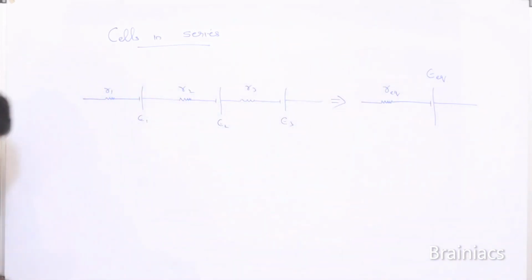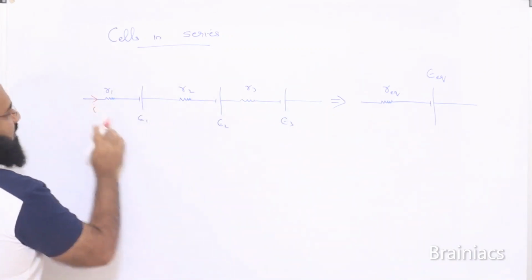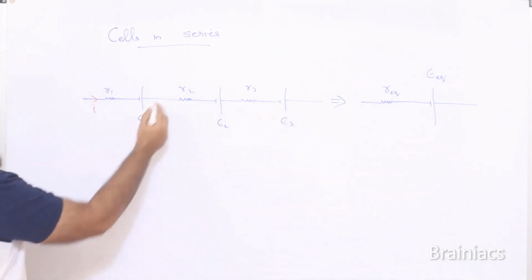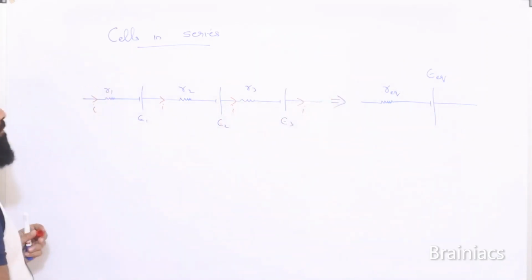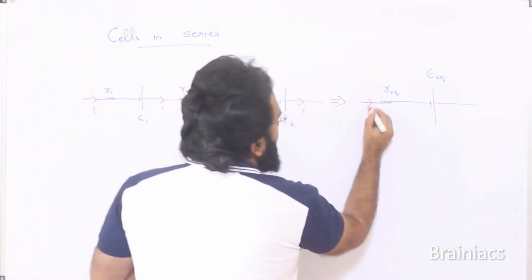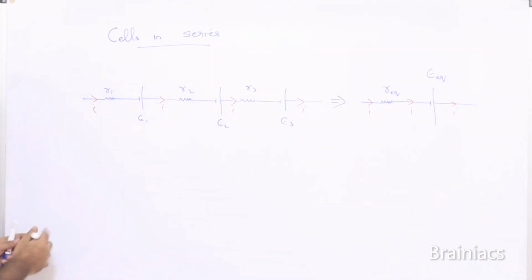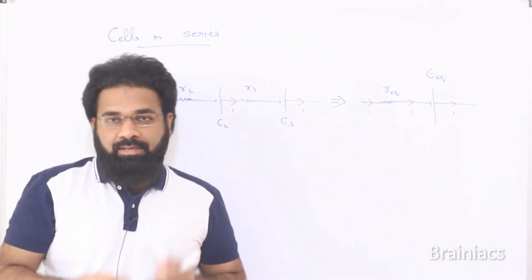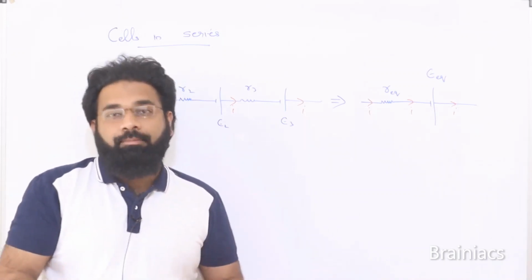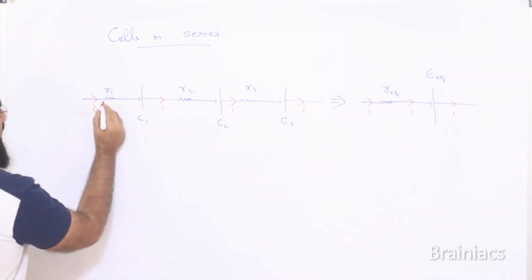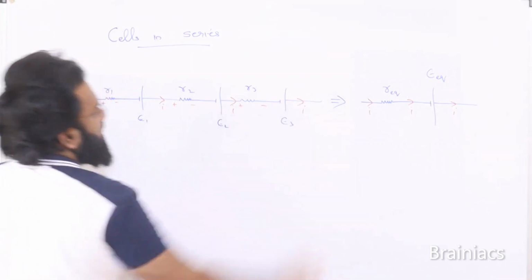Now we know, suppose current I, this is series connection, so current I will be flowing. Same current must be flowing here also, because this is the same combination, we are replacing with the equivalent. Now just like we have done while studying Kirchhoff's law, from one terminal to another terminal, when current flows, we will mark in the direction of current plus minus, plus minus, plus minus.